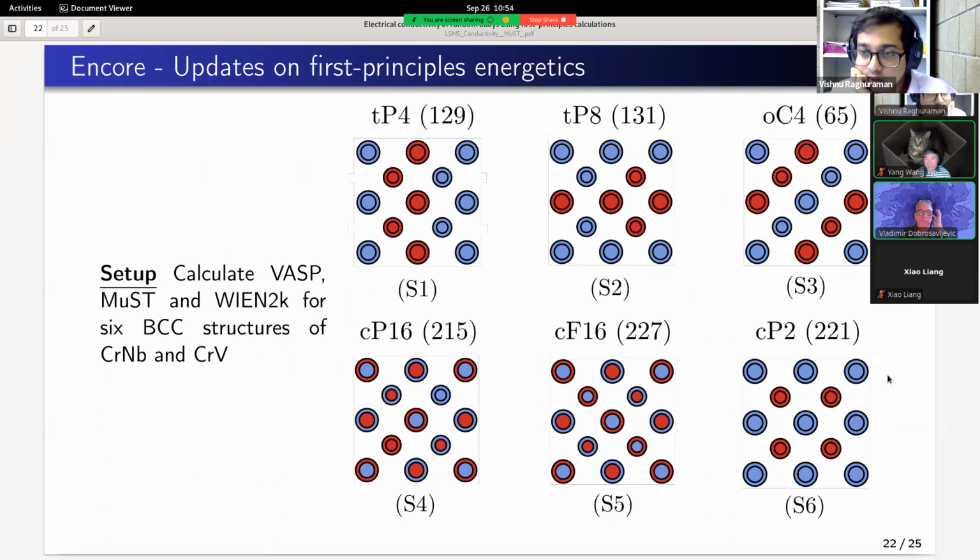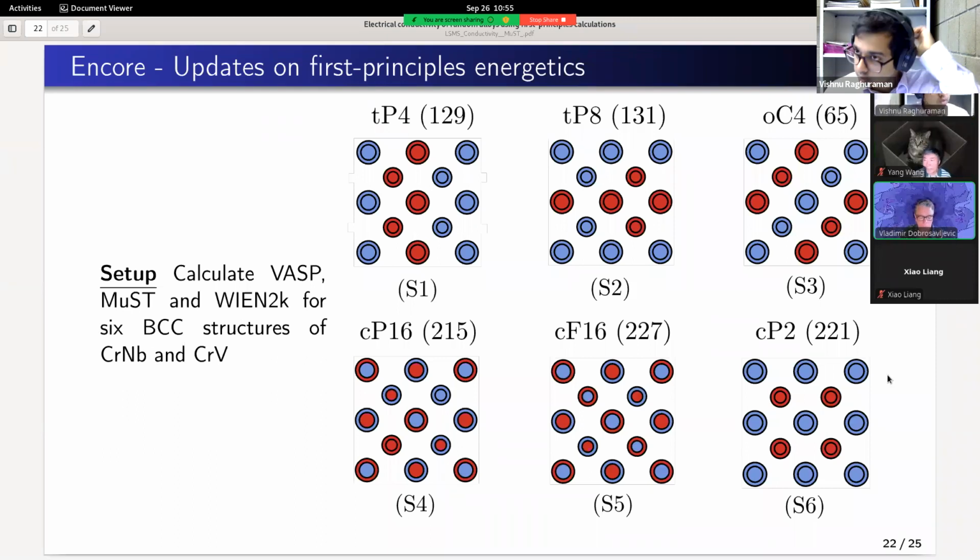So I'm now moving completely away from this to a different project, which is previously I had presented one of our research projects where we were calculating VASP, MUST, and WIEN2K for a set of BCC and FCC structures. And the idea was to see whether you would get consistent results, because these three codes use three different techniques to calculate your energy.